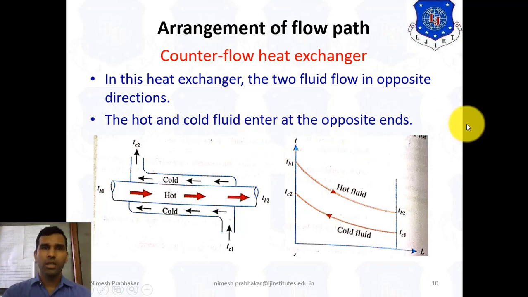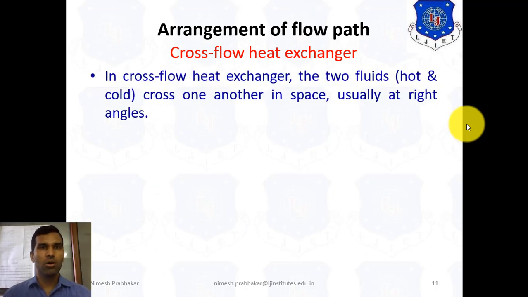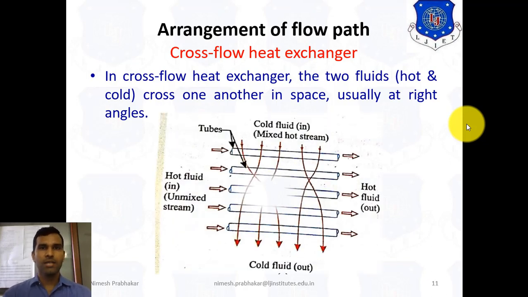Now the third type of arrangement of flow path is the cross flow heat exchanger. In a cross flow heat exchanger, the two fluids, hot and cold, cross one another in space, usually at right angle. To understand this, we see the diagram. In this, we give hot water in the tube.